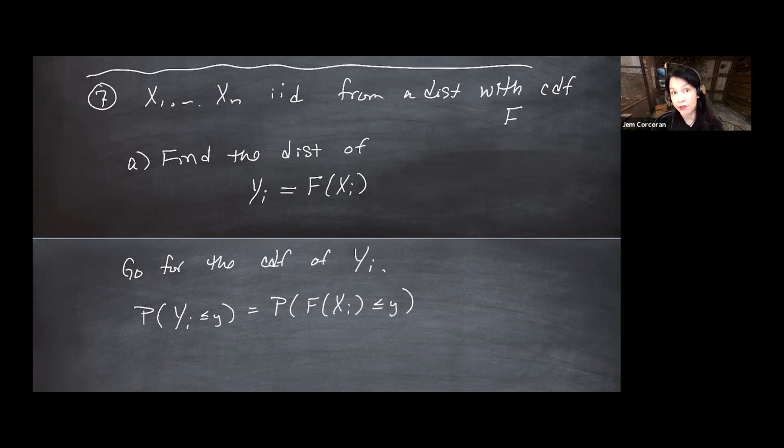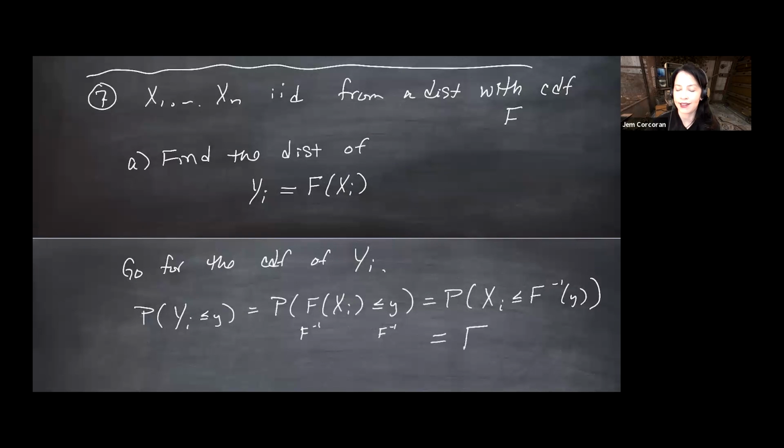And therefore the inverse is strictly increasing. So you can take the inverse on both sides of this and not mess with the ordering. It's going to be an equivalent event. So this is the probability that xi is less than or equal to F inverse of y. But this is going to be the CDF for x evaluated at that thing. I won't write it anymore.